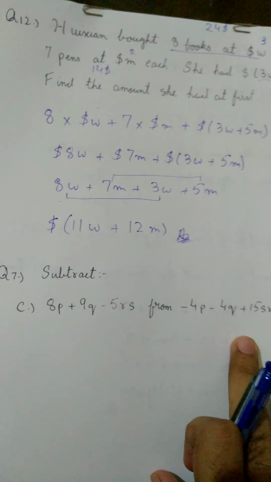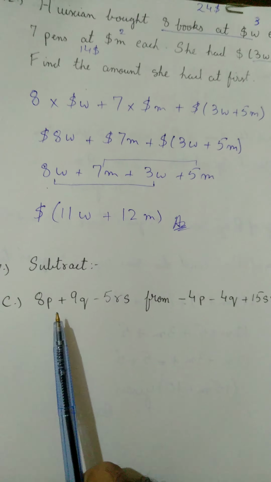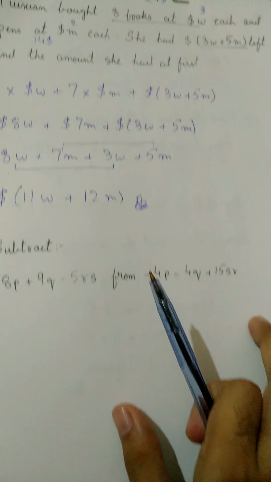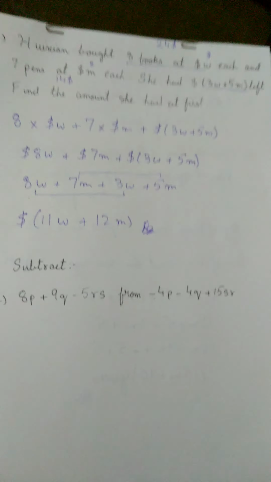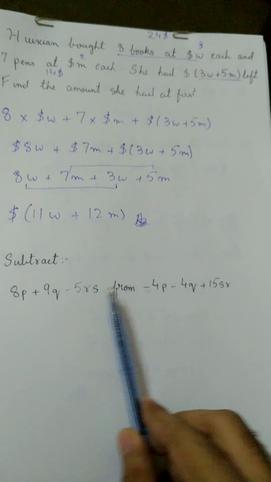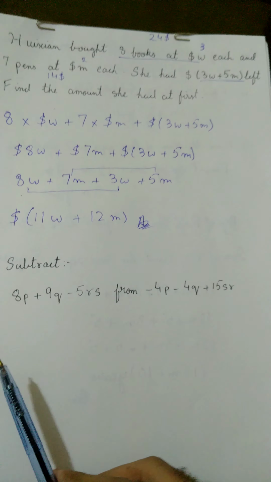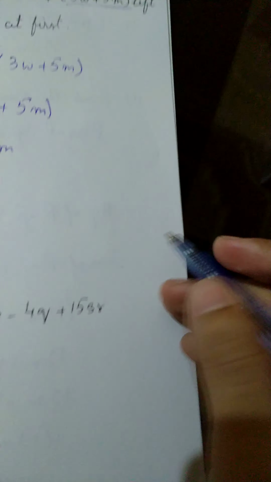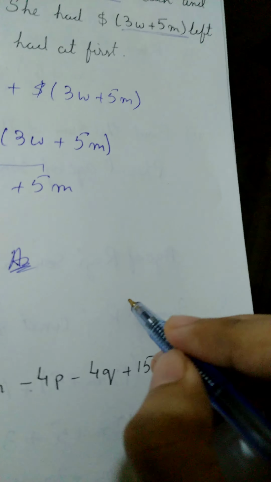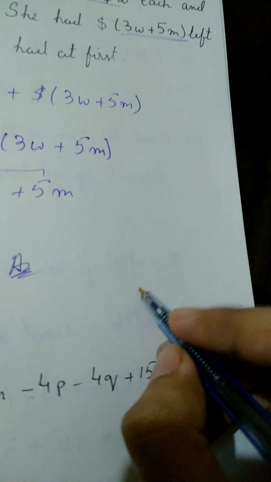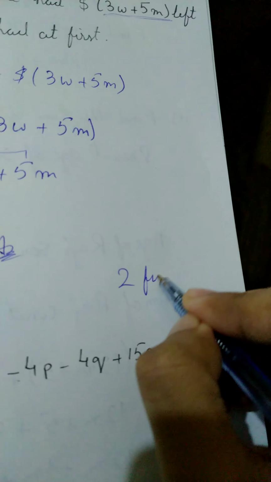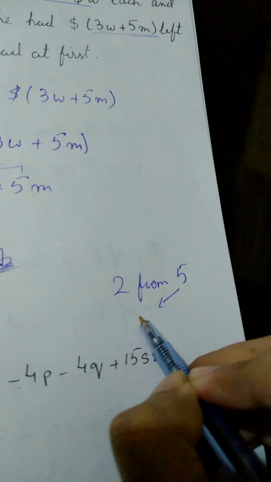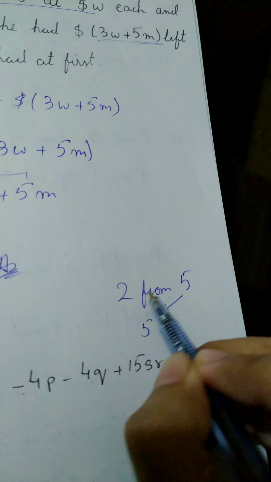Okay, here we have question number 7. It says subtract this expression from this expression. Most of the students are confused about which value will come first, this value or this value. Which value will I write first and subtract the other one from it? For easy understanding, if a question is given to you like subtract 2 from 5, I have to take 5 and subtract 2 from it.